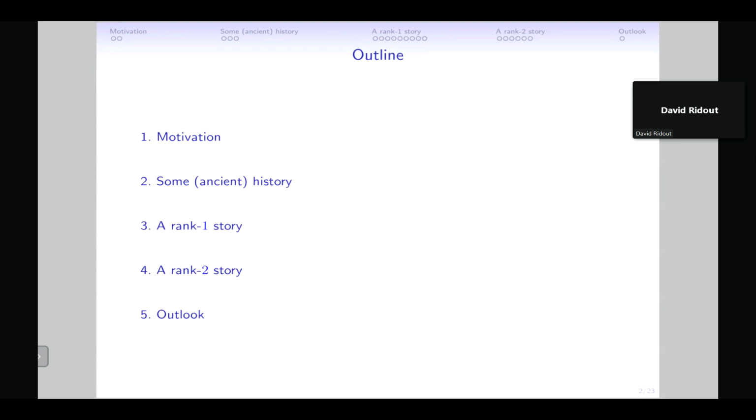So I'll start with a little bit of motivation, which is purely personal, and review a tiny bit of history. So those are two pretty short sections. Then I want to talk about what I'm calling a rank 1 story. And so we're going to be looking at certain logarithmic vertex operator algebras related to SL2. So we'll be looking at the affine case as an archetypal example.